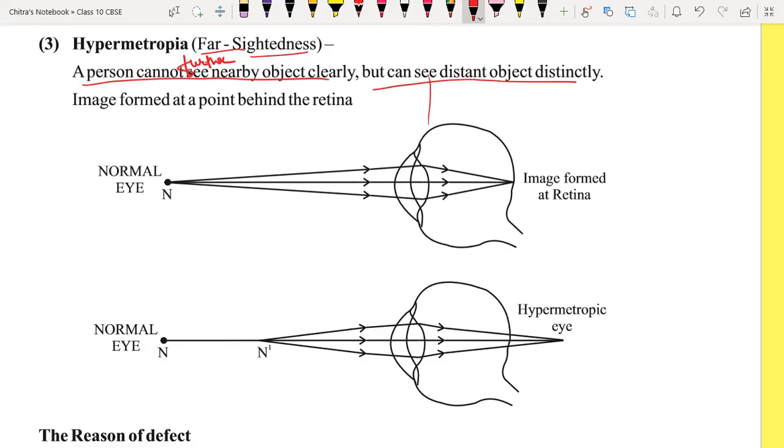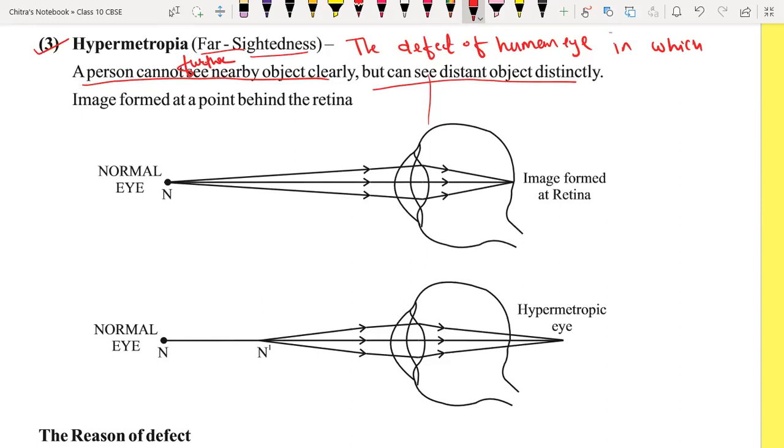Okay, so again I am writing here: the defect of the human eye in which a person cannot see nearby objects clearly but can see distant objects distinctly is called hypermetropia.